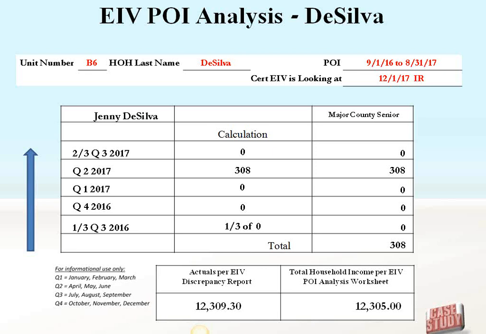So the final step is closing the loop on this, and I've given you a form to do that, and it's called the EIV Income Discrepancy Resolution Form, and it's the next page of your handout.